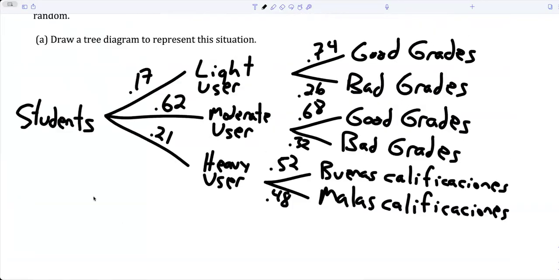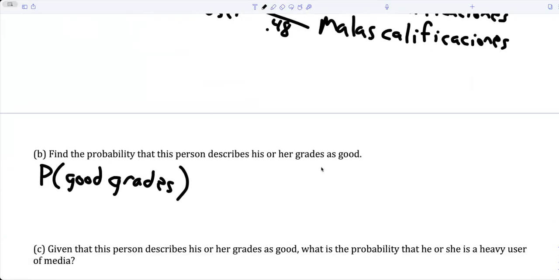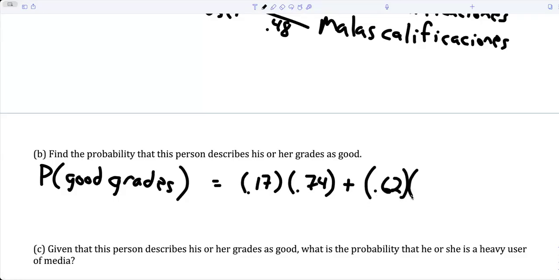So we're going to do 0.17 times 0.74, and then 0.62 times 0.68, and then 0.21 times 0.52.